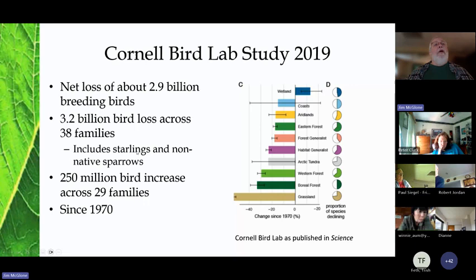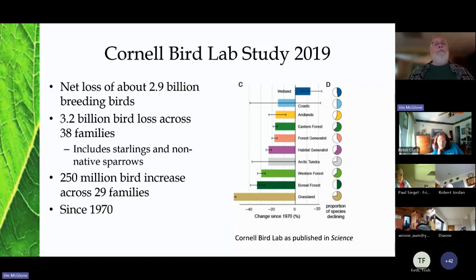This includes bird loss across 38 families that included starlings and non-native sparrows. We did see some families that saw an increase. Notice that wetland birds seem to be doing pretty well over the last 50 years. But by and large, the birds in this group are the ones that do not eat caterpillars.